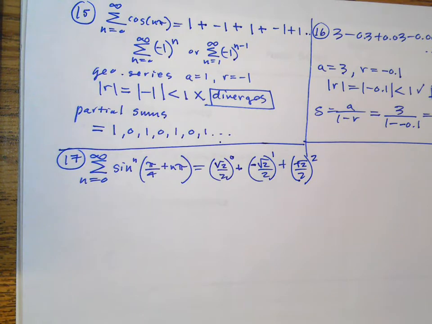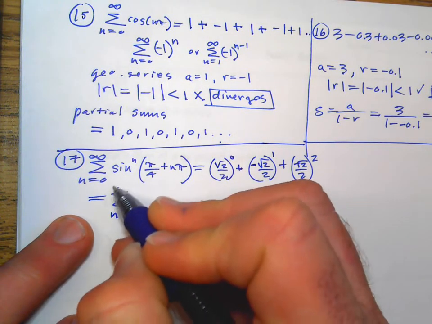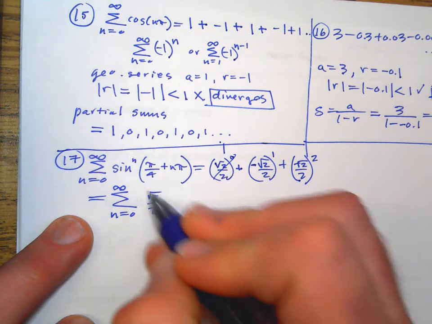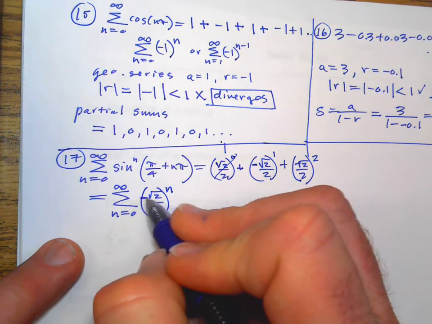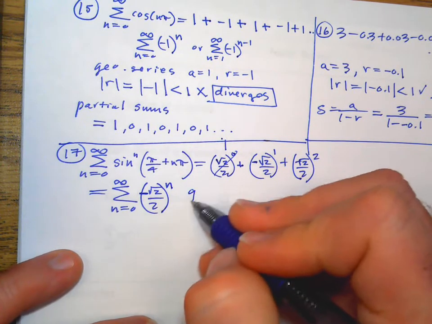I look at that and I'm like, hey, I keep seeing a root 2 over 2 to a higher and higher power. This is a geometric series. And this one's 1. That's root 2 over 2 raised to the n power. I'll actually put a negative in there so that it'll flip signs. They're the same thing.